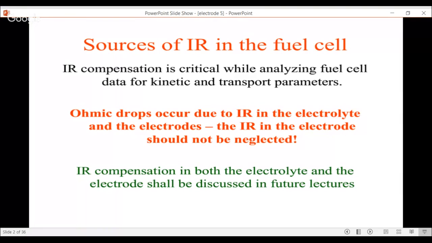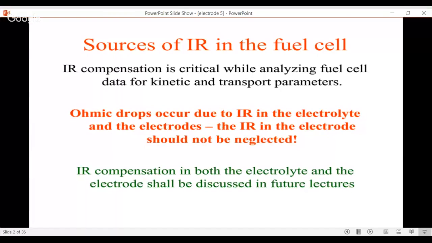Now the compensation is critical while analyzing fuel cell data for kinetic and transport properties, because this is the loss. We have already seen that in the initial region, the activation polarization, in the middle region is the concentration polarization, and the last region being the mass transfer restrictions. So therefore, we have to compensate for this IR drop, because most of the measurements are in that region.